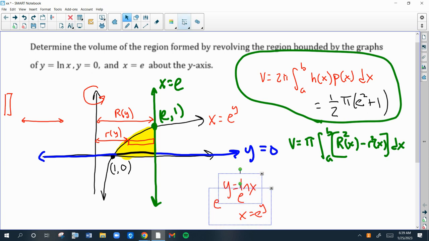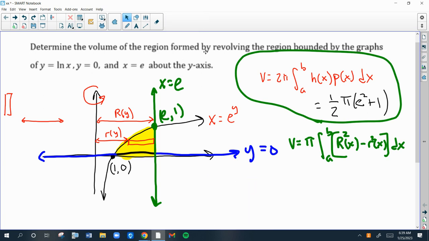Again, all we're doing here is measuring. So let's measure capital R of y first. It's this distance, which is x, because that's how far you are from x equals 0. So it's x on the x-axis.